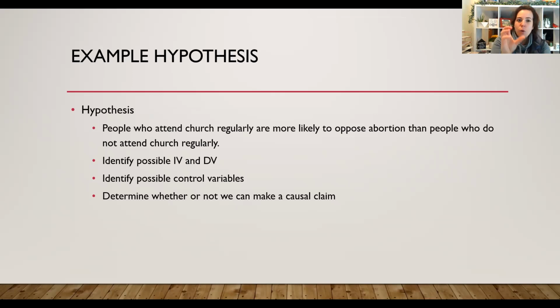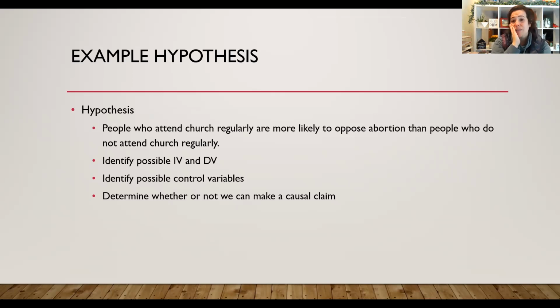But the dependent variable, what you're trying to figure out, is people's views on abortion, right? Specifically, do they oppose abortion? And then your independent variable is how often are they attending church? The idea being, I think the hypothesis here, as stated, is the more often somebody attends church, the more likely they are to oppose abortion, okay?